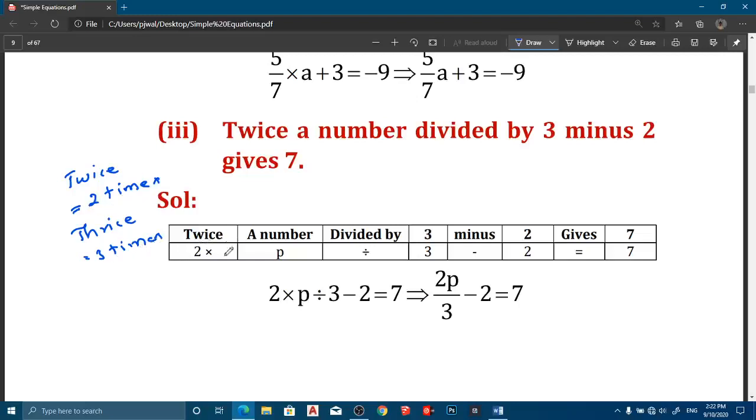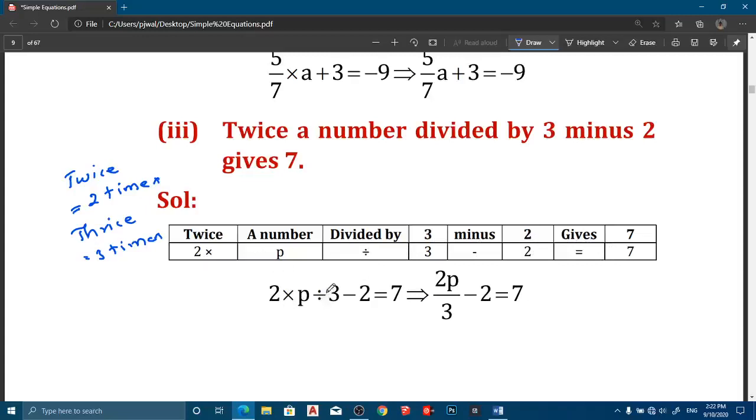So here twice we can write as 2 into a number, which is the unknown number I am taking as p, divided by 3, minus 2, and gives means is equal to 7. Now it is converted into an equation. Write it in the proper form.